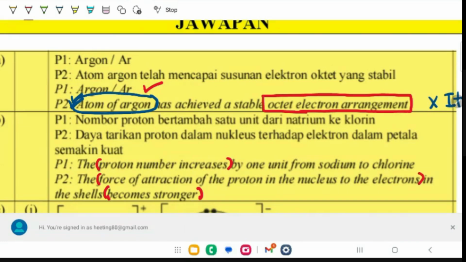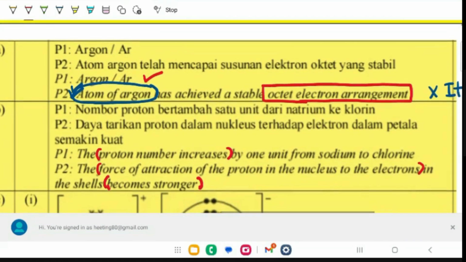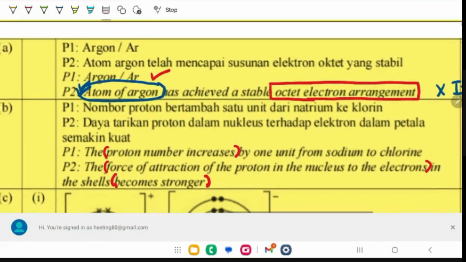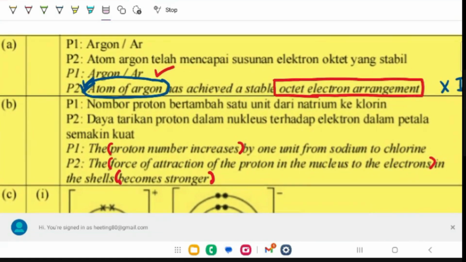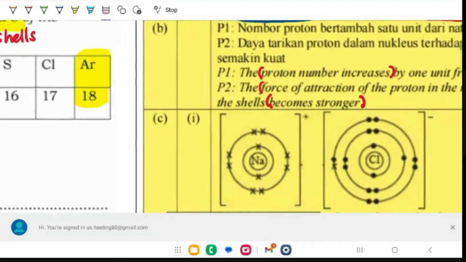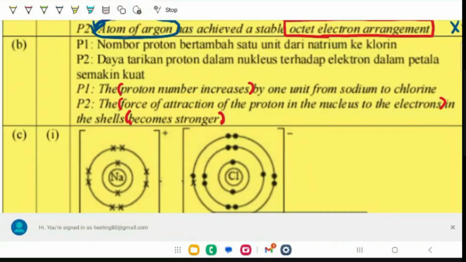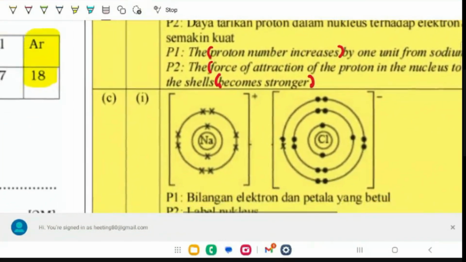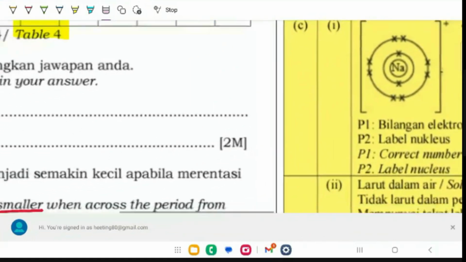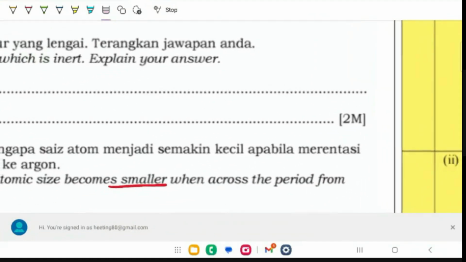Okay, you can record it down. Next. If you are not in time to copy, I will upload the video tomorrow, then you can refer back again.